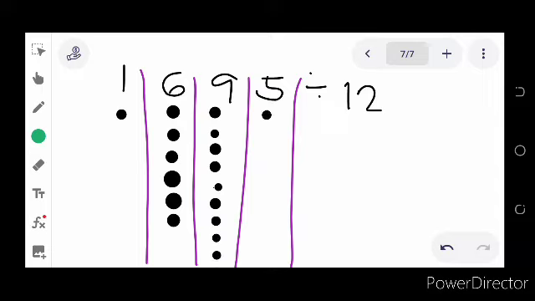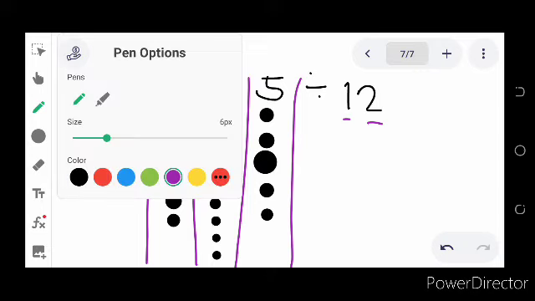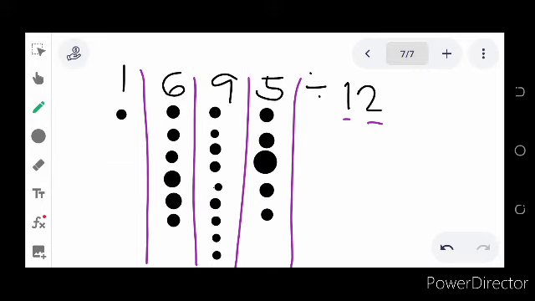Then 5, 1, 2, 3, 4, 5. Then the pattern is 12. So one dot from the left, connect it to two dots to the right. One dot from the left, connect it to two dots to the right. One dot from the left, connect it to two dots to the right.